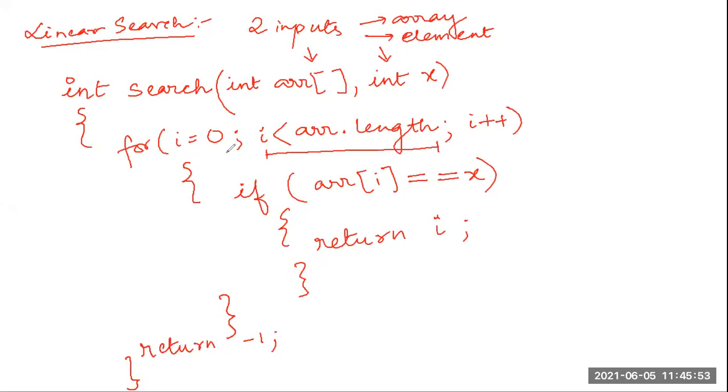This for loop has 3 sections, right? So this is one section, this is another section, this is another section. So first, how many times will this part execute? This part, i equal to 0. One time.